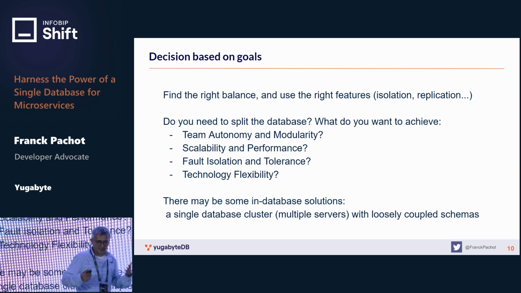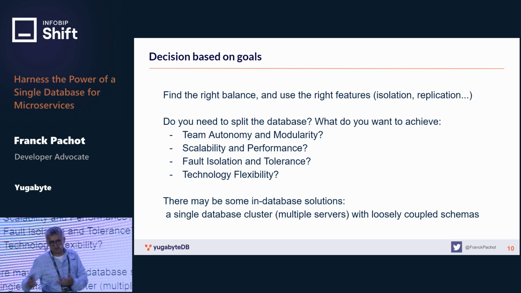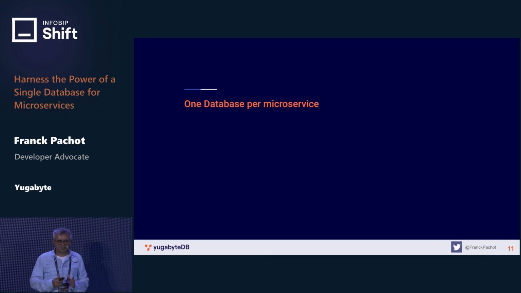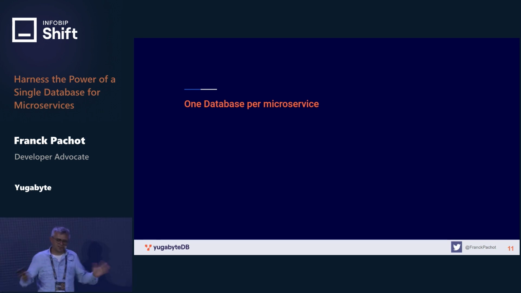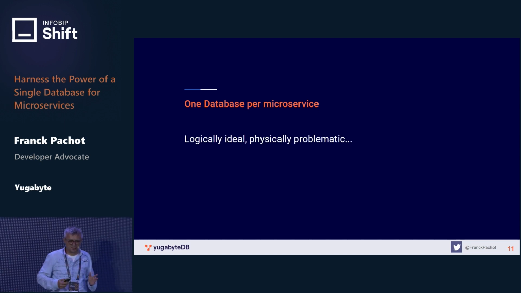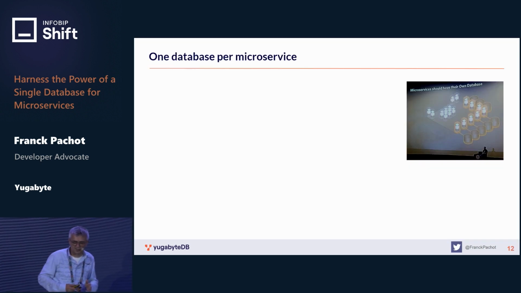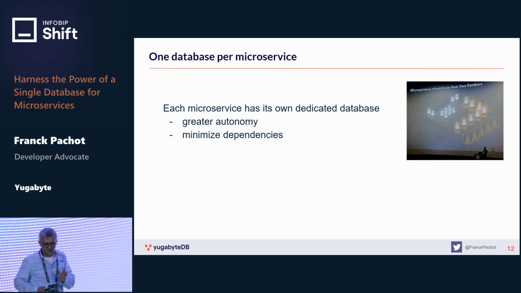So in the database, you have solutions, and we will see those solutions. But first, what happens if we decide to have one database per microservice? I'm going fast on that.